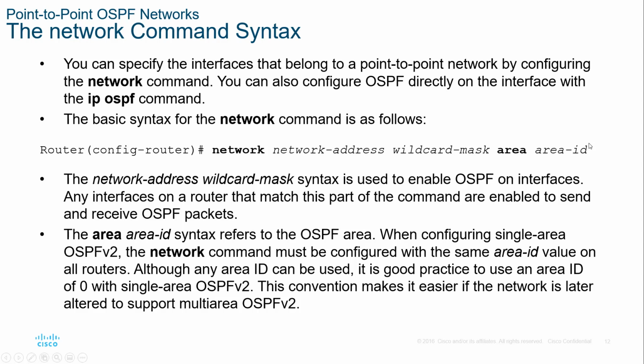If we're talking single area OSPF, this should be area 0. That's pretty common. The area ID syntax will refer to the OSPF area. If we're talking single area, it would be 0. If we're talking multi-area, which we'll talk about later in this video, it would be a different area.